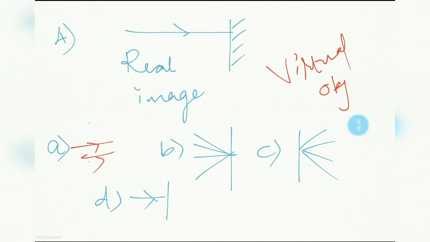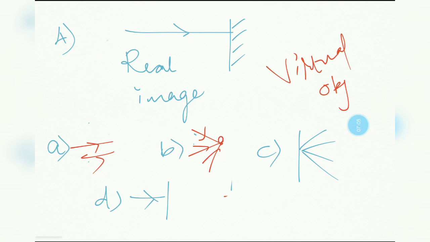If you ask me about convergent, here the various rays come together and meet at one point. That is convergent. Many rays are going and meeting at one point. So that is convergent.